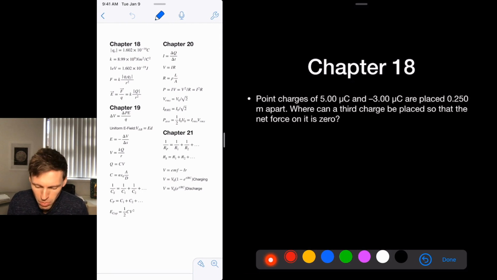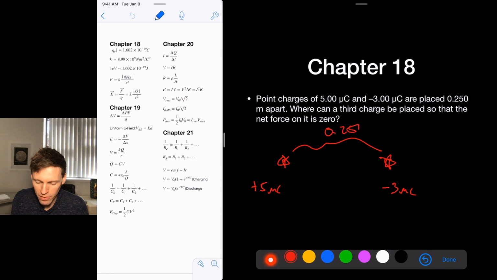All right, so let's say you have 2 point charges and they're placed this far apart. Where could you put a third charge so that the net force on it is 0? Pause, resume. Okay, so you've got 1 charge and another charge. You've got plus 5 microcoulombs and minus 3 microcoulombs, and they've got a certain separation of 0.250 meters. Where could you put a third charge so that the net force on it is 0? You could probably find a spot over here, maybe over here, somewhere in the middle.